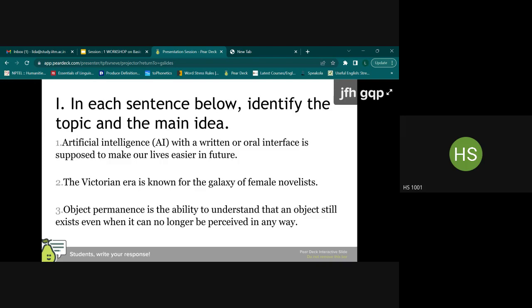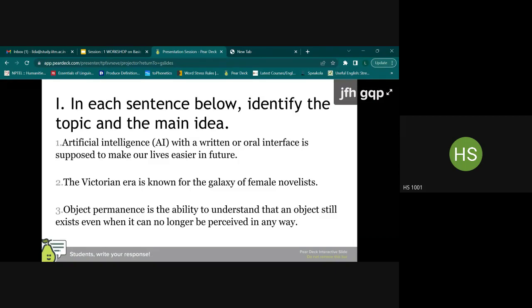Right? So the idea is the moment you have a paragraph and you're trying to identify the topic sentence of the paragraph, you need to ask two questions. A, what is the topic, for which you will look at the most repeated word or phrase in that paragraph, and what is being spoken about, what is being written about, right?